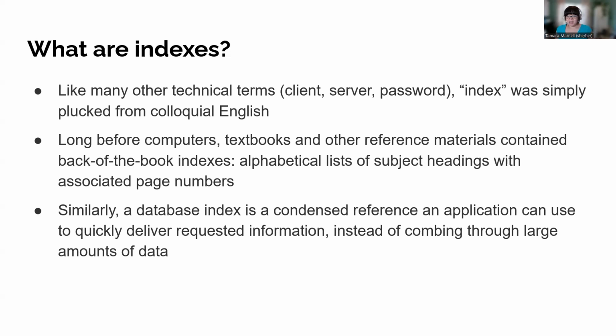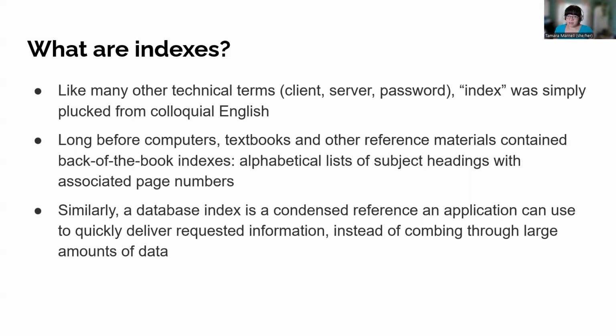textbooks and reference materials contained back of the book indexes, or sometimes they might be indexes that are standalone, like for a very large collection of reference materials. But they're simply alphabetical lists of subject headings with associated page numbers. For a standalone, it might be an associated book volume.